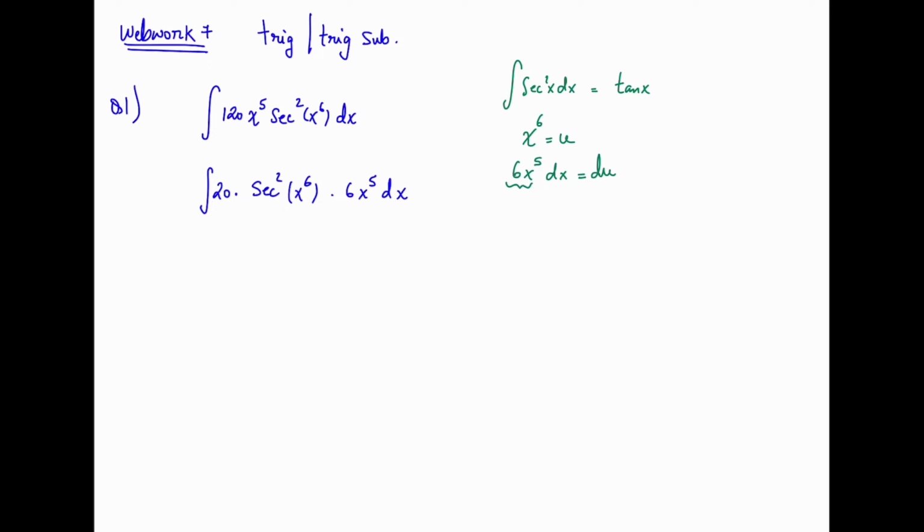Now when you do the substitution, because you make x to the 6 equal u, all of that becomes a du. So you have that integral, which evaluates to 20 tan u plus c, and then you plug the value of u back in.